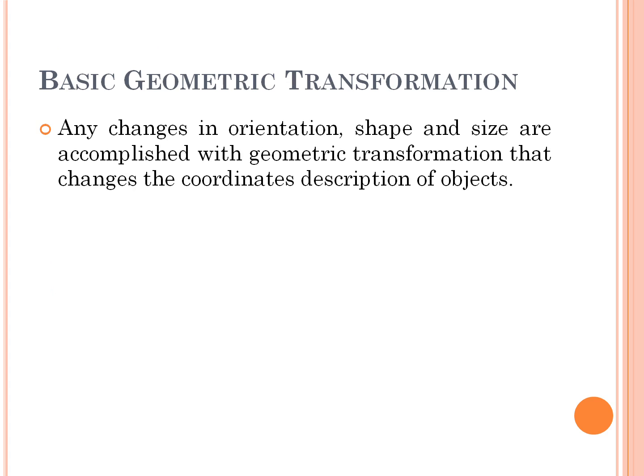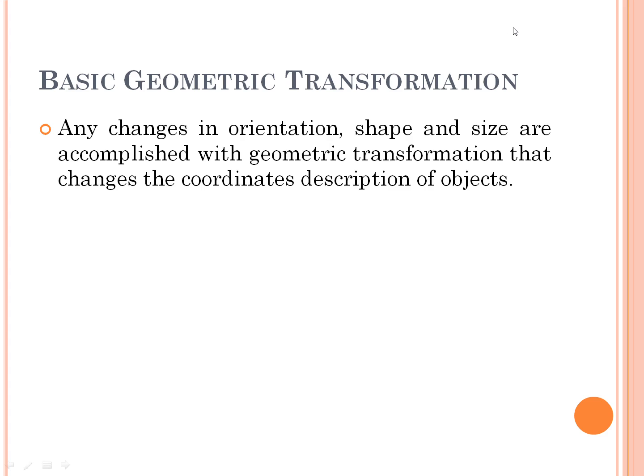Now before this, let us suppose there is an object, and we want to shift that object from one position to another. How would we shift the coordinates of that object? Here we need geometric transformation.